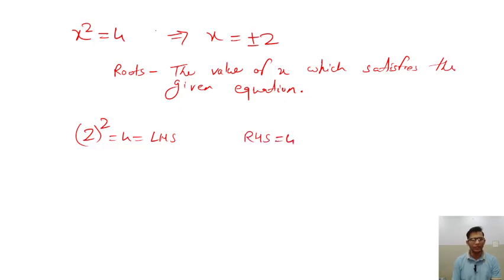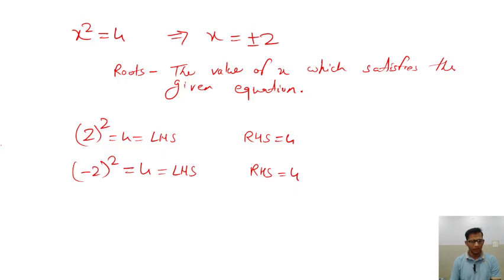So by putting x equal to 2, LHS becomes equal to RHS. Therefore, x equal to 2 is one of the solutions. Similarly, if I put x equal to minus 2, the square of minus 2 is 4. Again, the left hand side becomes 4 and the right hand side is also 4. Therefore, x equal to minus 2 and plus 2 are the solutions of this equation.